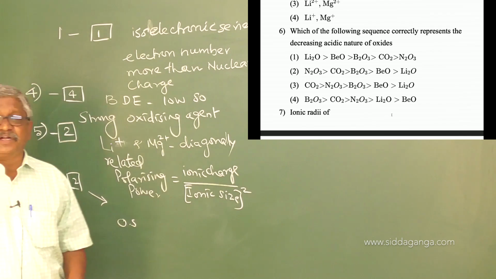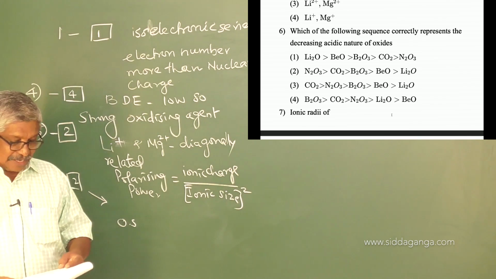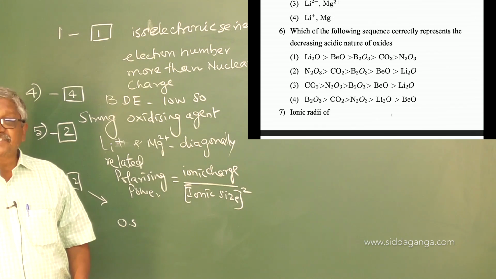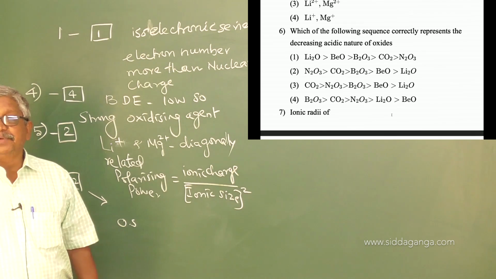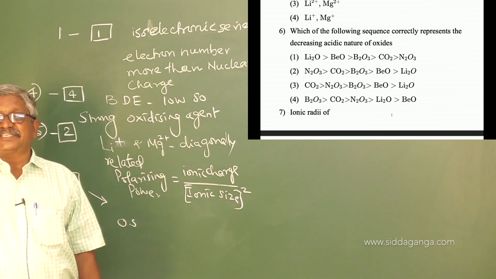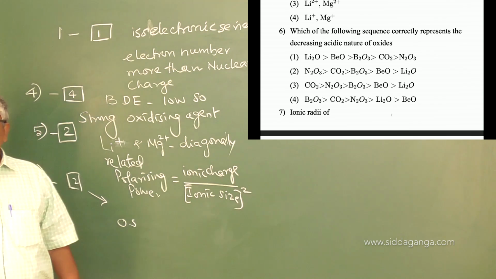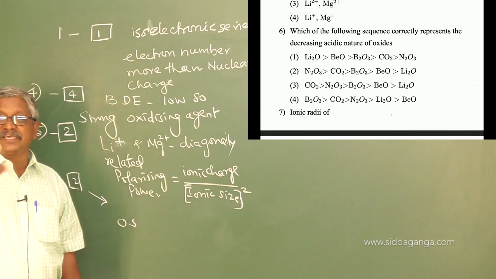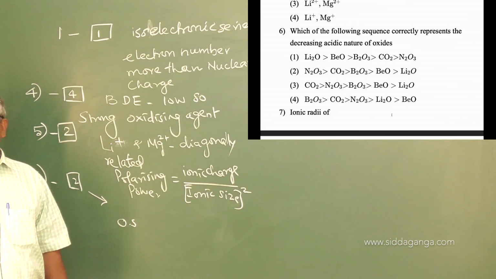Why option 2? For the first one, nitrogen oxidation state is +5, carbon oxidation state is +4, boron oxidation state is +3, beryllium oxidation state is +2 and lithium oxidation state is +1. In option 2, nitrogen +5, carbon +4, boron +3, beryllium +2, lithium +1.